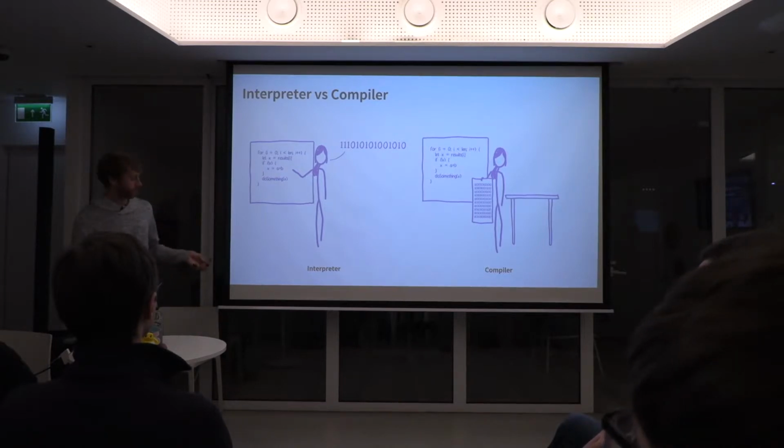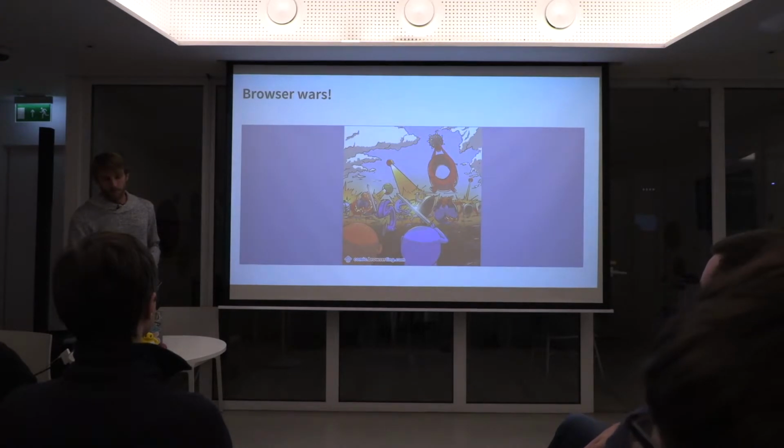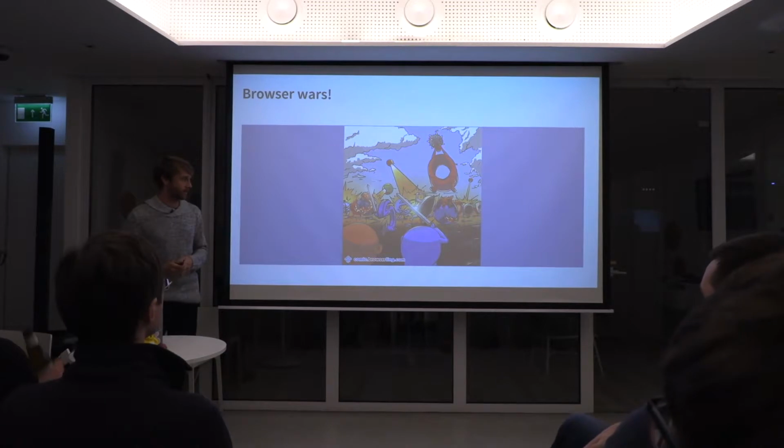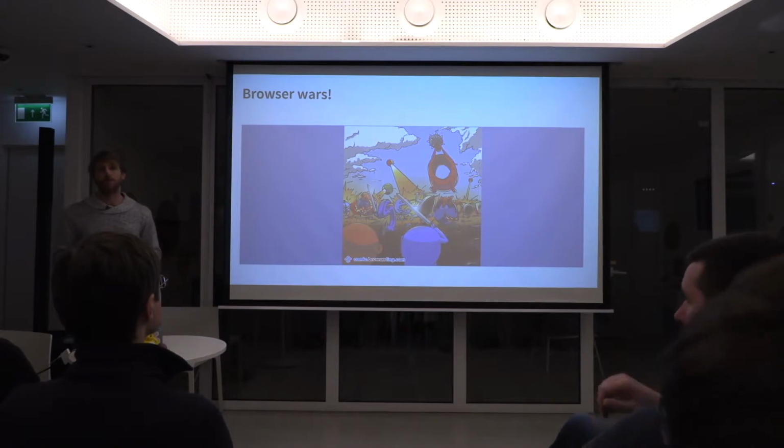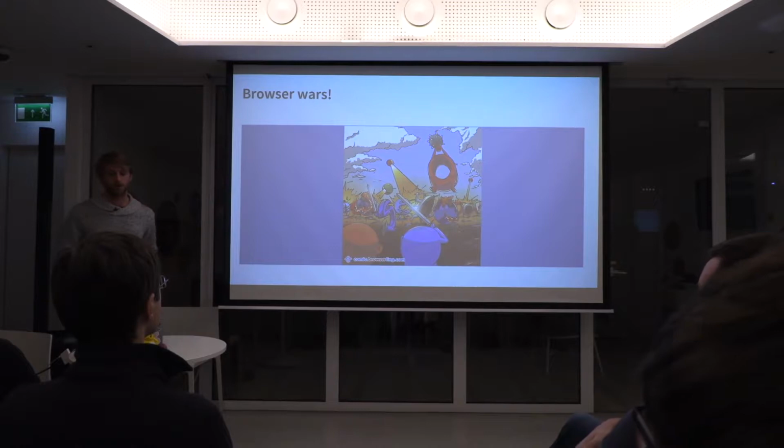Up until 2008, they ran exactly like that, line by line, and every iteration of the loop, the line was interpreted again and ran again. As of 2008, fueled by the browser wars, the browser companies looked for various ways to make their browsers faster and faster. They were trying to take more users.